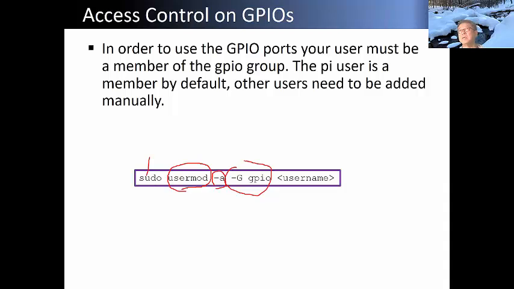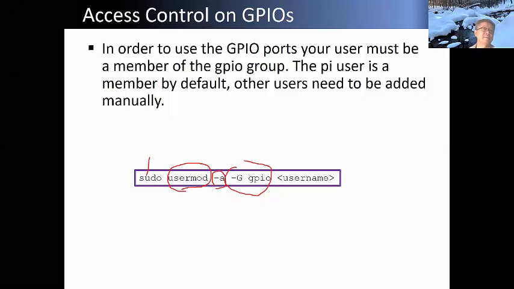So only someone in that group is authorized to manipulate GPIO pins. If I am not in there, then although I plugged some physical cables from this pin to other pins, it's not going to work, right?